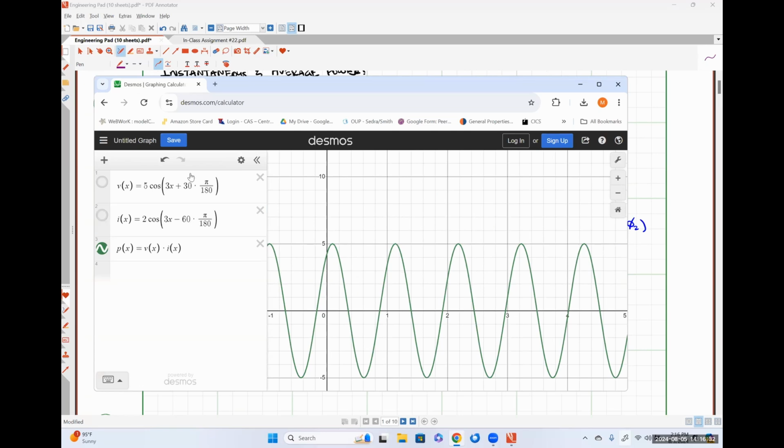Okay. So now there's 90 degrees of phase difference between the voltage and the current, and the current is lagging the voltage by exactly 90 degrees. Well, what does the average value of the power waveform look like now?